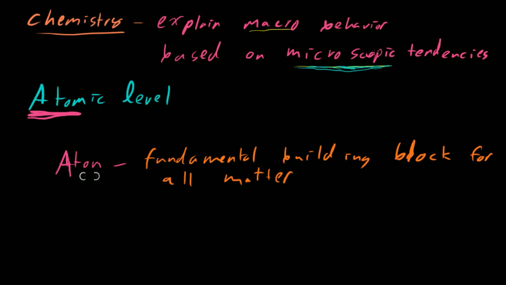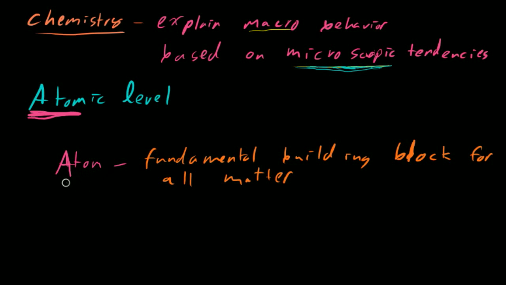But where the word comes from, and Sal definitely talks a lot more about this in his video, comes from back in ancient Greece. Some philosophers would philosophize about saying, if I had some object and I was going to cut that object into smaller and smaller and smaller pieces, eventually I'd get to a piece where it would be impossible to break that piece apart anymore.